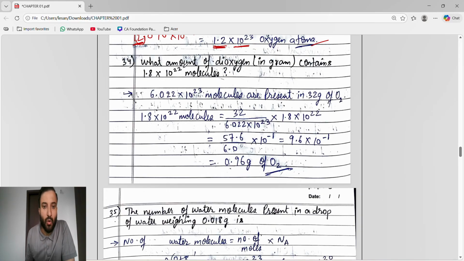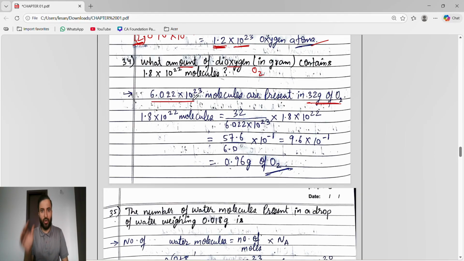Okay, now next: what amount of dioxygen, nothing but O2, contains this much molecules? Very simple question, guys. They ask what amount of dioxygen contains this much molecules. Dioxygen molecular mass is what? O2 is 32. So 32 gram of O2 is present in which much? This Avogadro number.